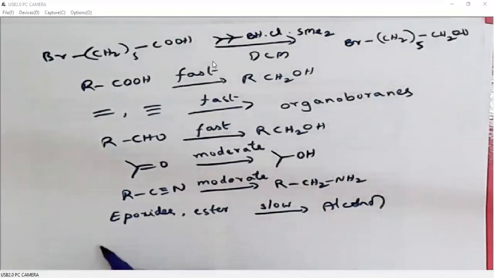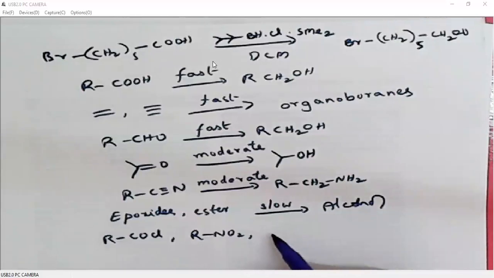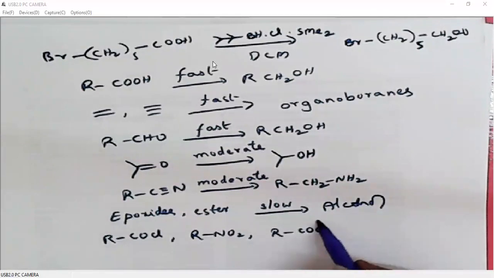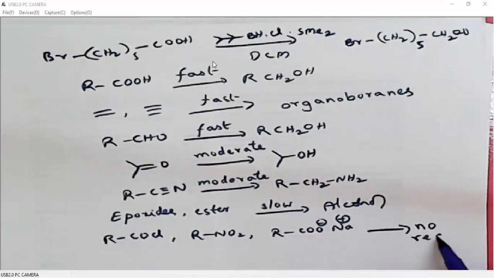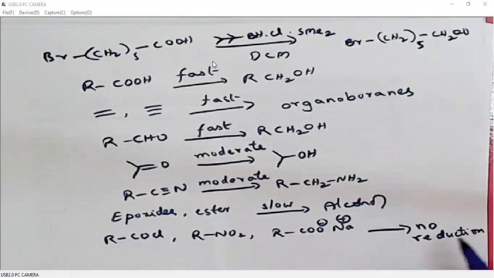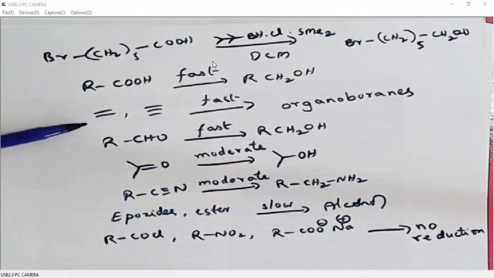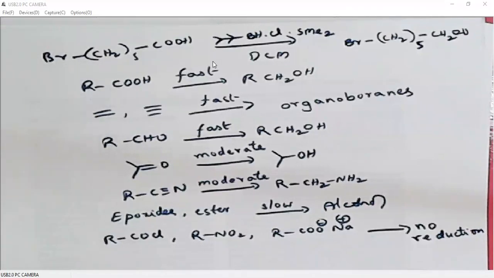Then it cannot reduce acid chlorides or nitro groups or carboxylate ions, COO minus Na plus. So these will not undergo reduction with borane. So majorly boron is used for the reduction of carboxylic acid or an alkene or alkyne.